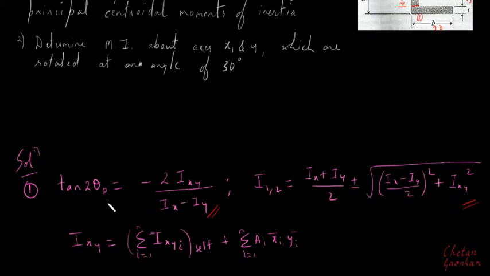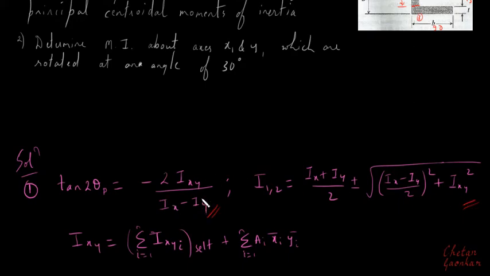If you look carefully, to find the orientation or the magnitude of the moment of inertia about the principal axis, I require Ix, Iy, that is the moment of inertia about the x-axis and y-axis, and also the product of inertia Ixy. Even here I require the moment of inertia about the x-axis and y-axis, and along with that the product of inertia about the x and y axes.